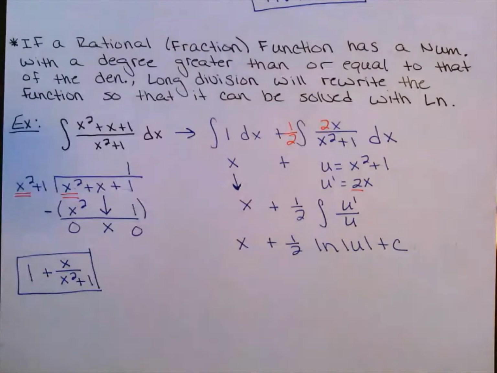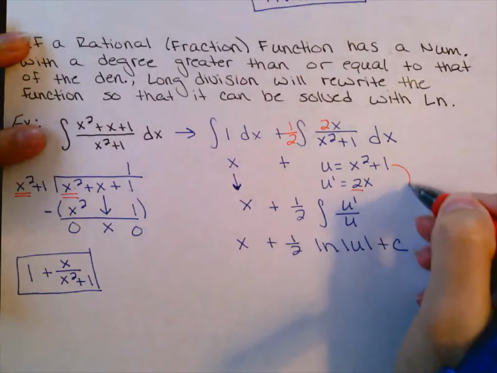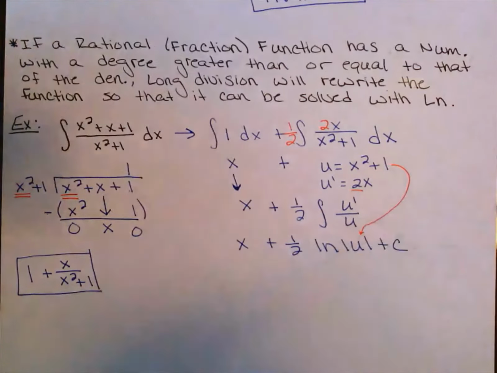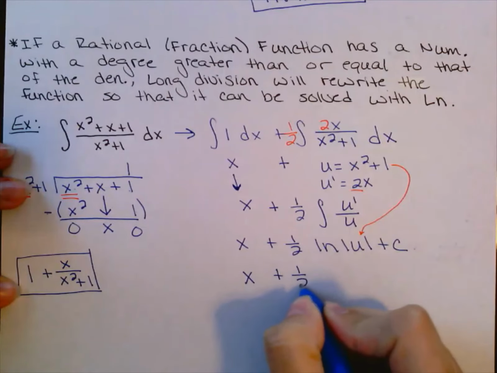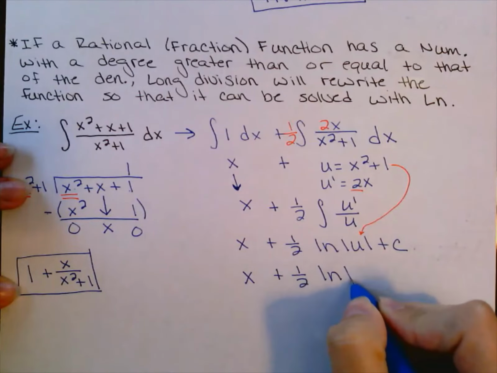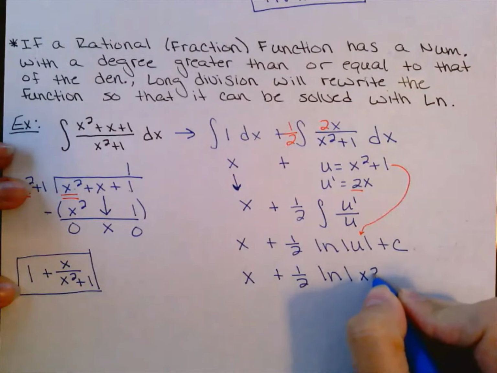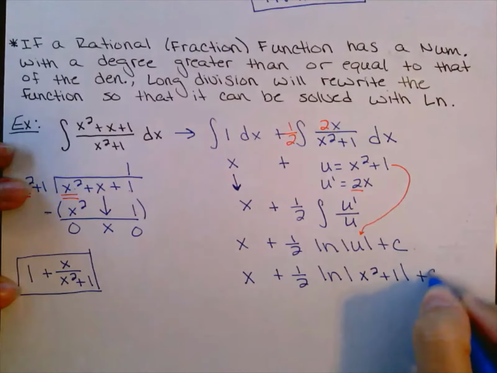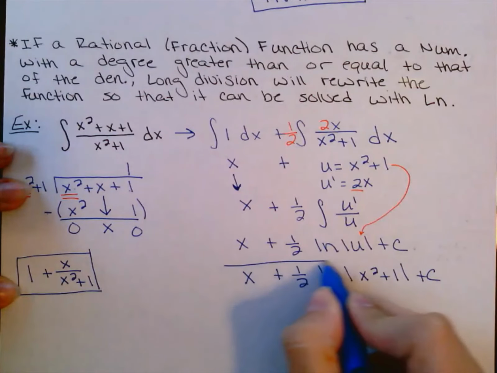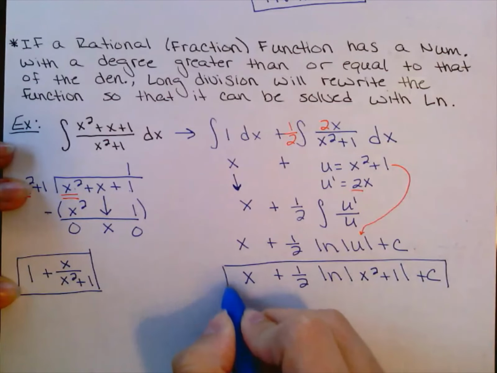And now for my next step, I'm just going to rewrite that u right back in there. So I'm going to have x plus half ln, absolute value of x squared plus 1 plus c. This is one option that you're going to see your answer as.